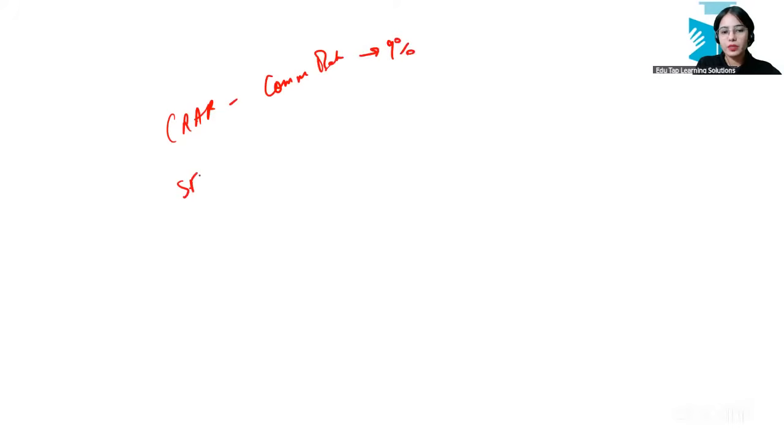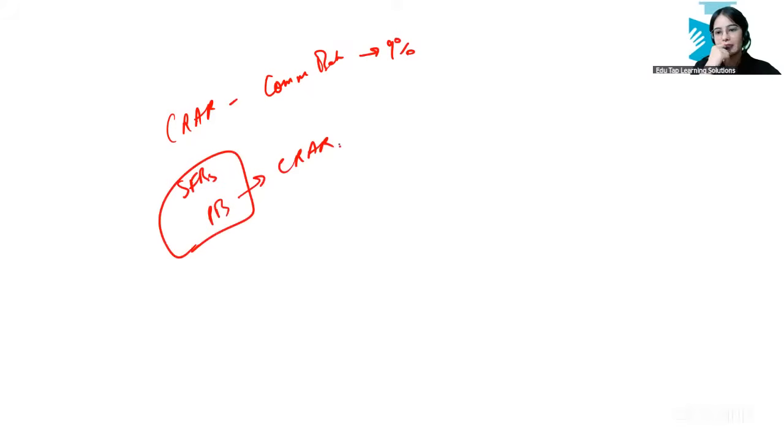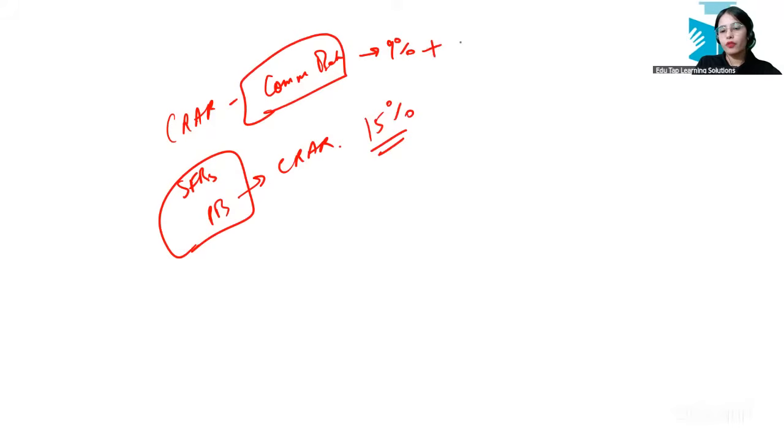For the small finance banks and payment bank, does anyone know what the CRAR is? 15%. Very good. And in the case of commercial banks, there is the mention of the capital conservation buffer of 2.5%. But in the case of other banks, there is no mention of this capital conservation buffer separately.